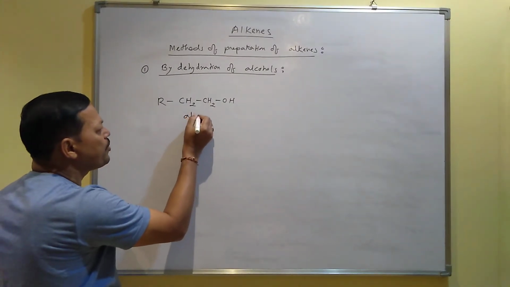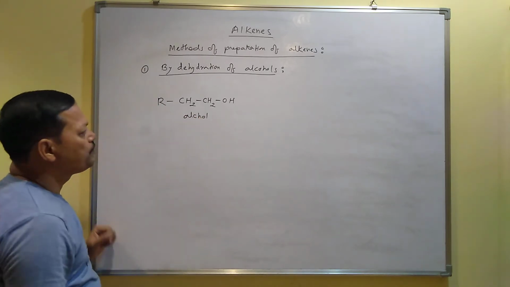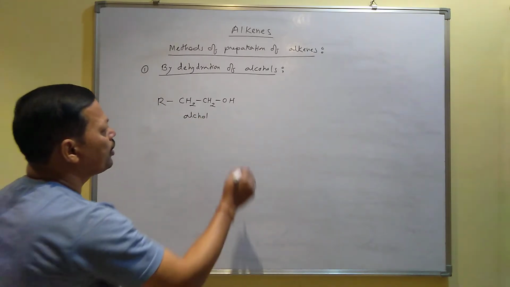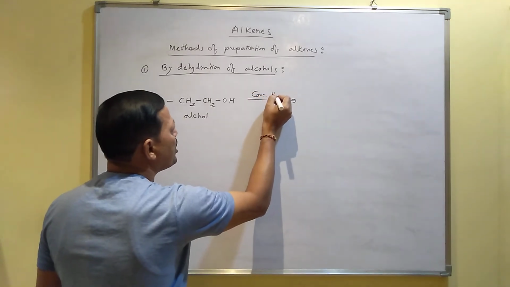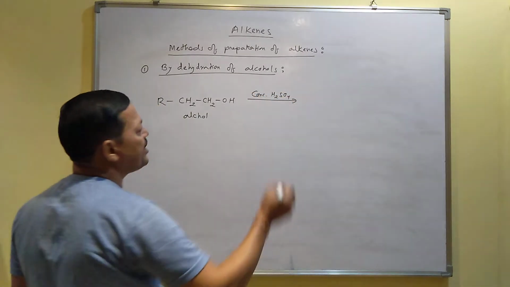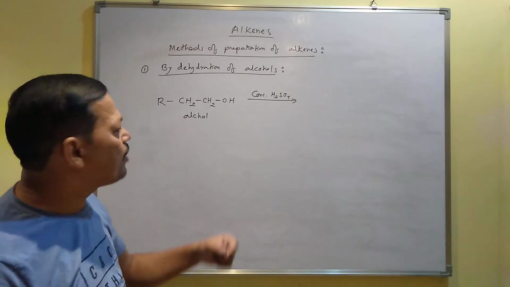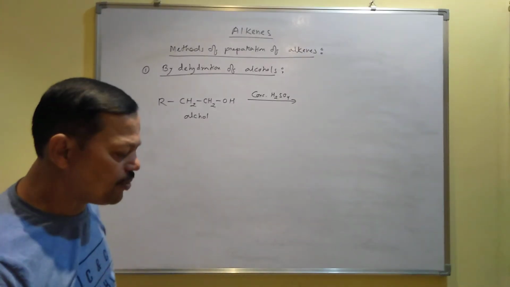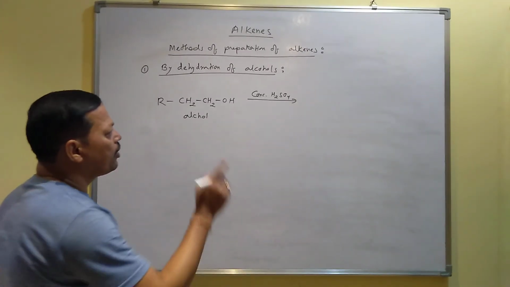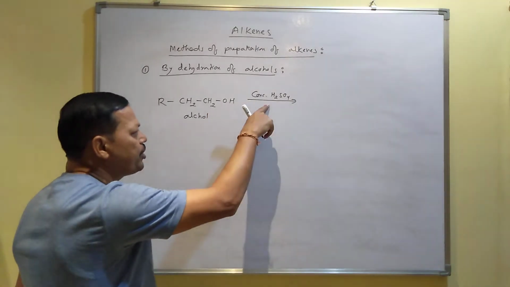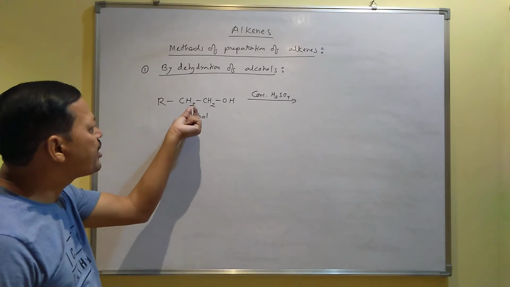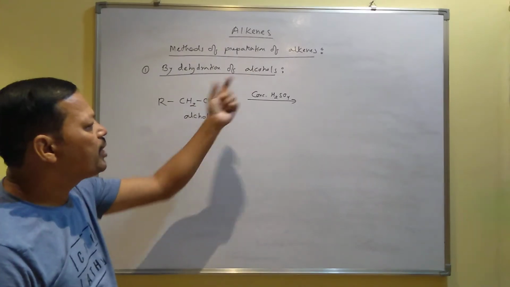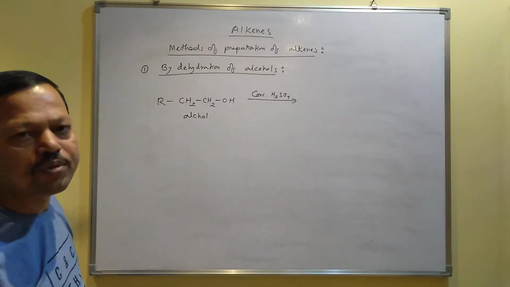So this is one example of alcohol. Now when this alcohol is treated with concentrated sulfuric acid, it will act as a dehydrating agent. I mean concentrated sulfuric acid can remove the water molecule. So when the alcohol is treated with concentrated sulfuric acid, one water molecule is released from the alcohol, and you will get the alkene from the alcohol.